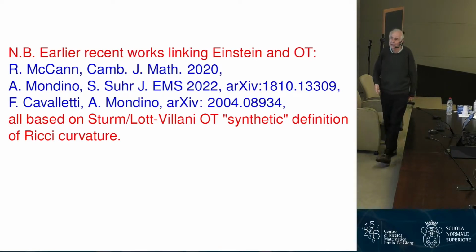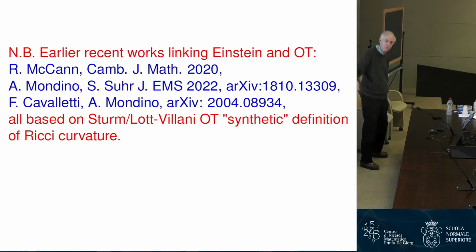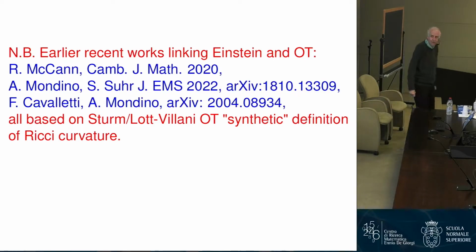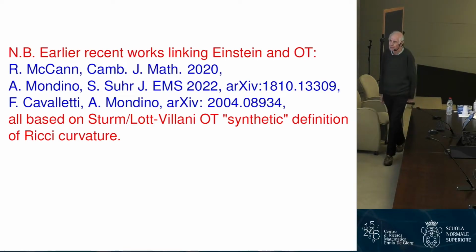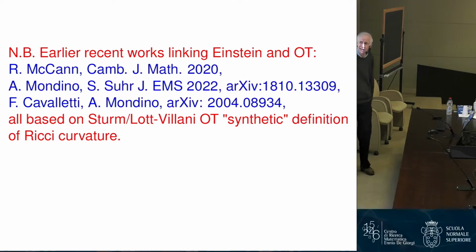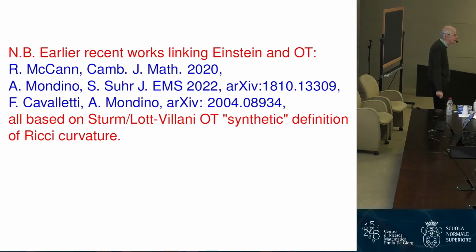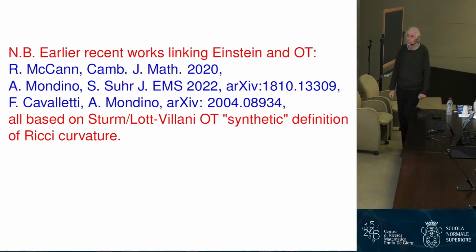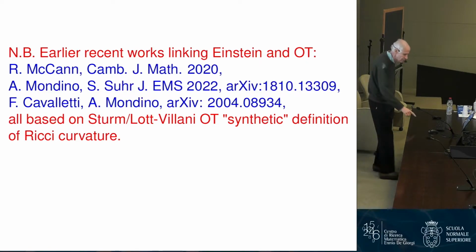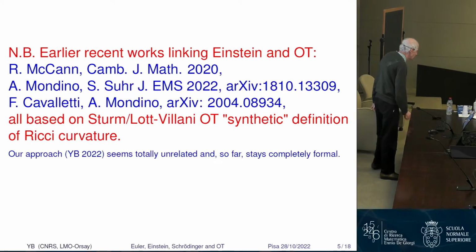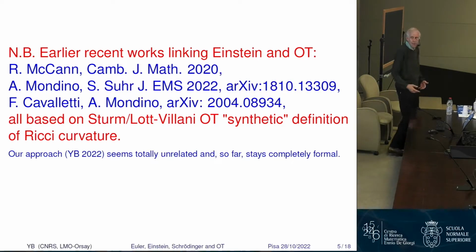And Andrea Mondino and Fabio Cavalletti talked about that yesterday. But as far as I know, all these approaches are based on this Sturm-Lott-Villani synthetic formulation of the Ricci curvature. And what I'm going to talk about is, in some sense, more elementary.